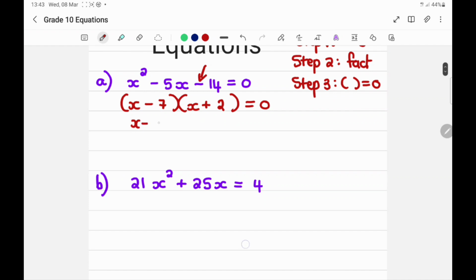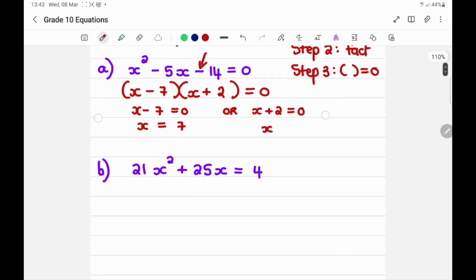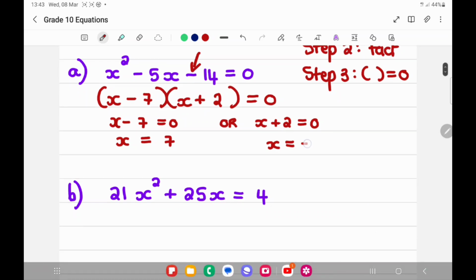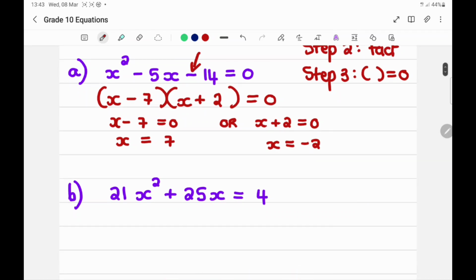So x minus 7 is equal to 0, or x plus 2 is equal to 0. When you become more comfortable, you can skip that step and immediately write the inverse of the minus 7, which will be a positive 7, and the inverse of a positive 2 will be a negative 2. So either x is 7 or x is negative 2.